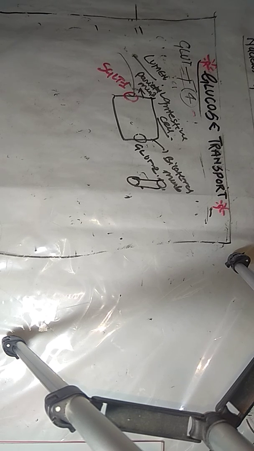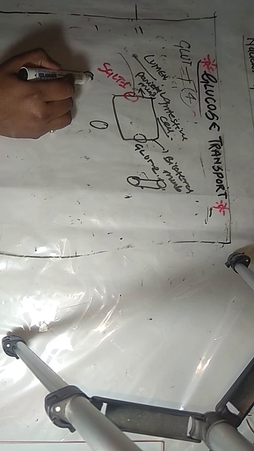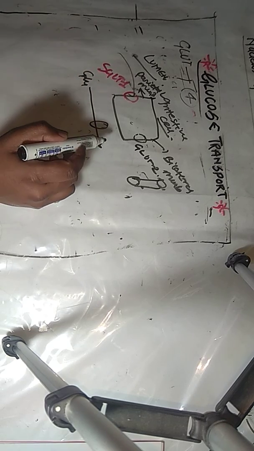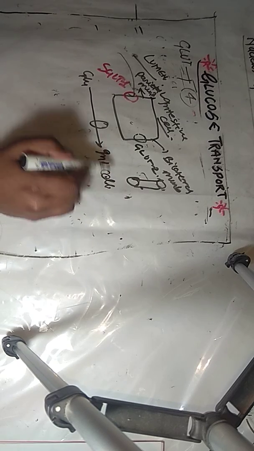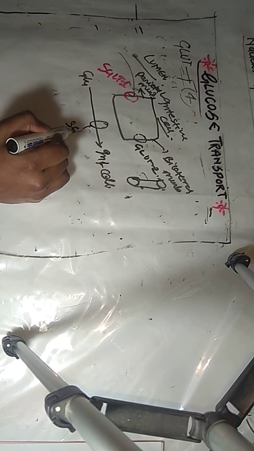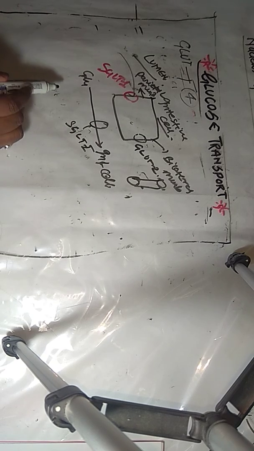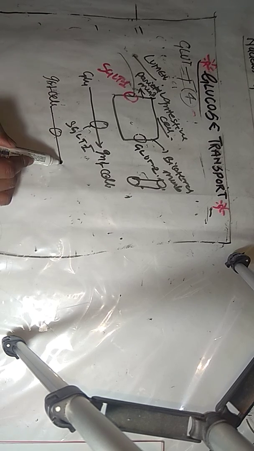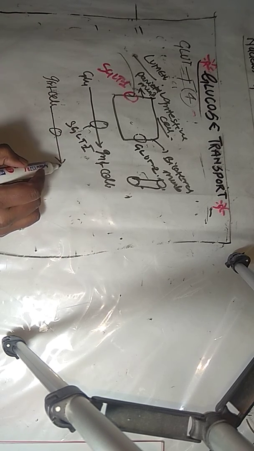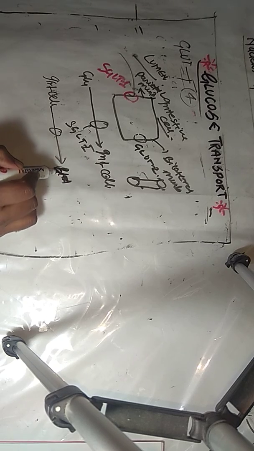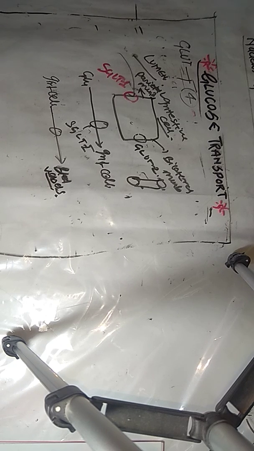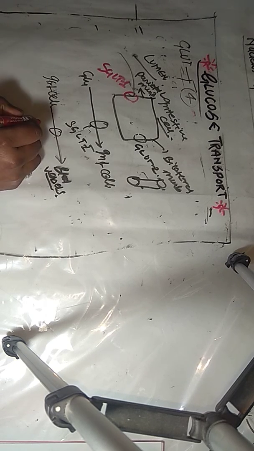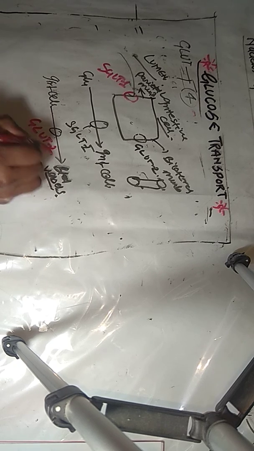So glucose from the lumen to the intestinal cell is transported through SGLT1, and from the intestinal cell to the blood vessel it is transported through GLUT2.